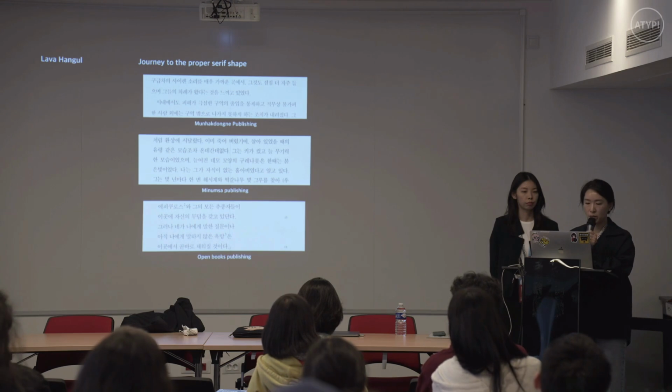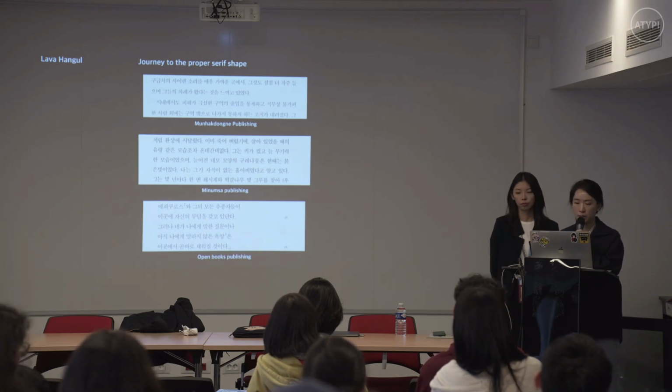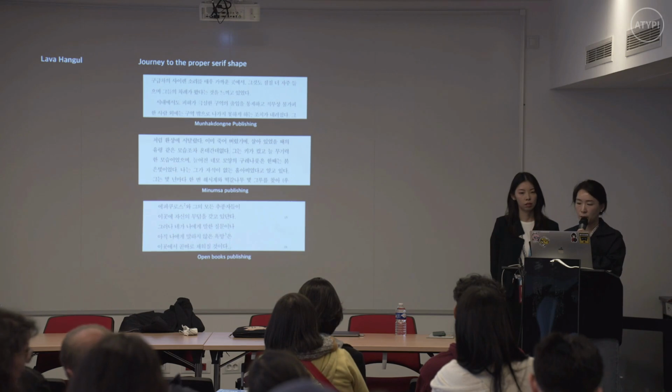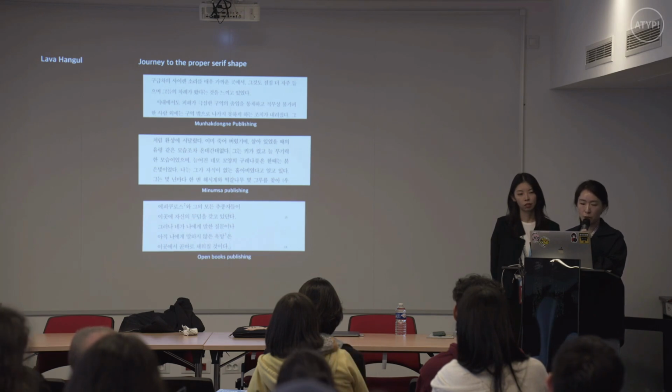So we needed to review the tendency of serif fonts for publication in Korea. The serif font for body text is traditionally conservative. Many books still use SM series, which are the most popular serif fonts for body text in Korea. The style is called Myeongjo in Korean.